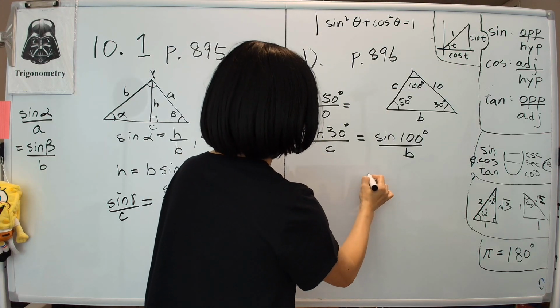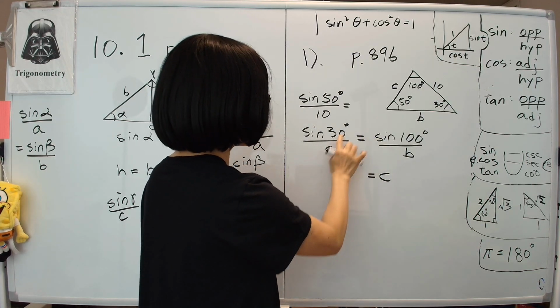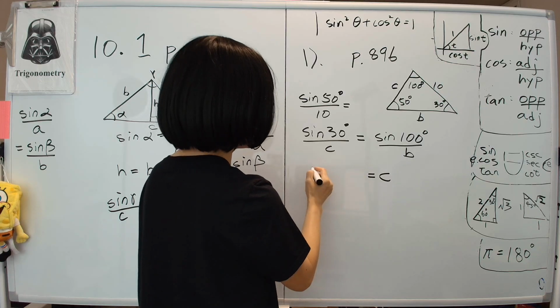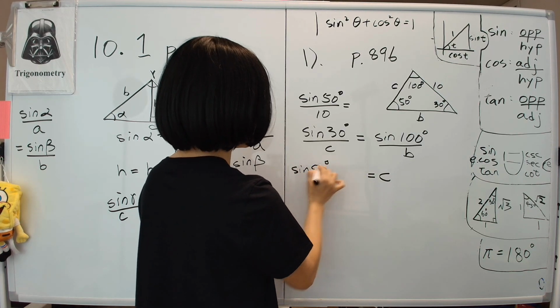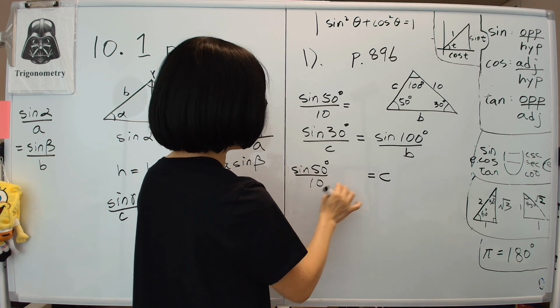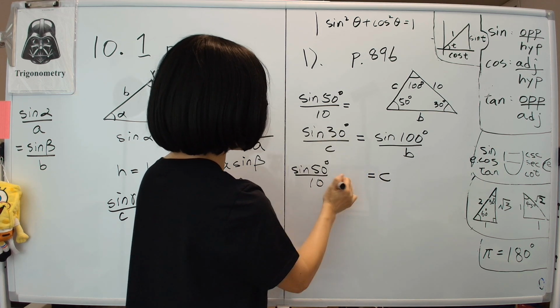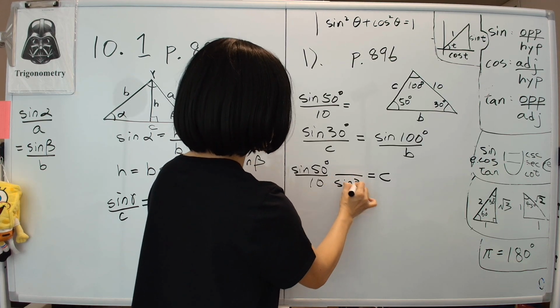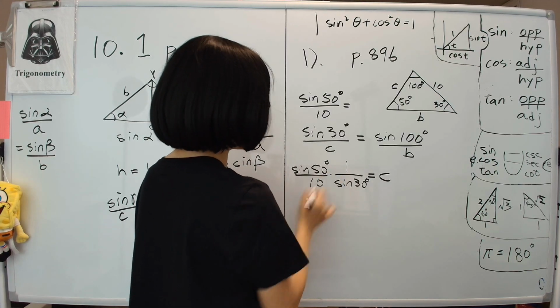So C equals sine 50 degrees divided by 10, times sine 30 degrees. And that equals C.